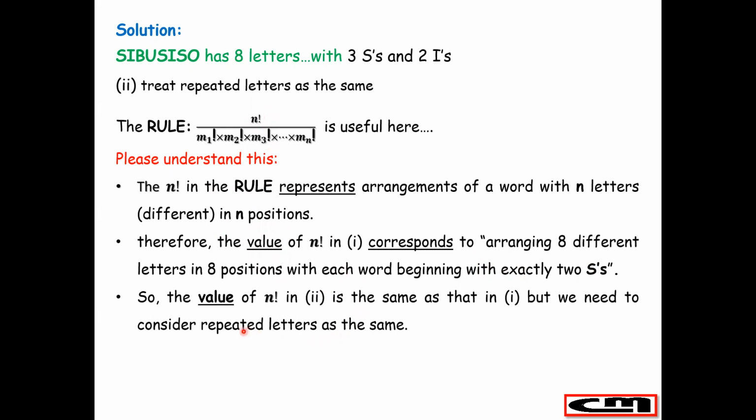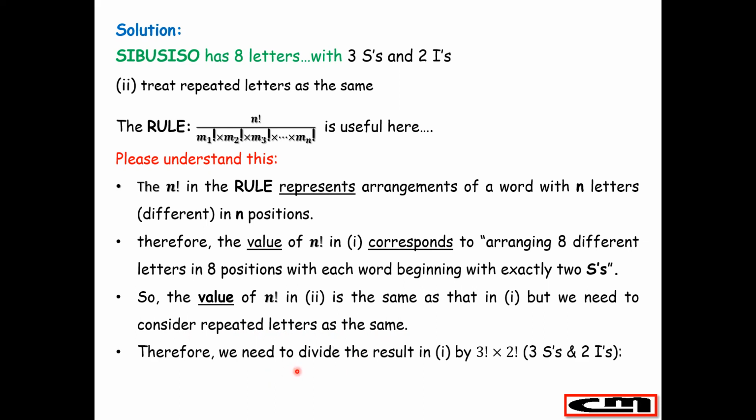So, as I have said, the value of n factorial in 2 is the same as that in 1, but we need to consider repeated letters as the same. Meaning, we need to divide the result in 1, that is the 3,600 we got, by 3 factorial times 2 factorial.